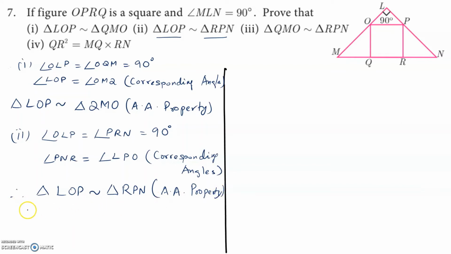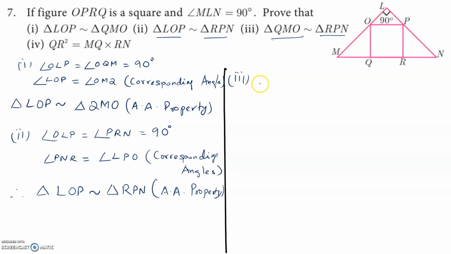So the third is, we need to prove that triangle QMO is similar to triangle RPN. So we need to prove this is similar to this. But we know that this is similar to this triangle and this is similar to this triangle. Therefore, these two are similar.